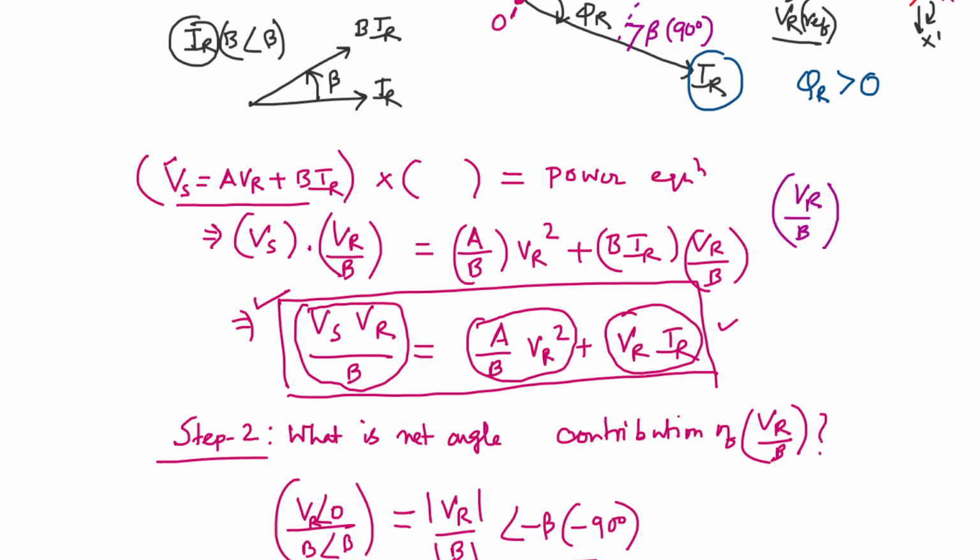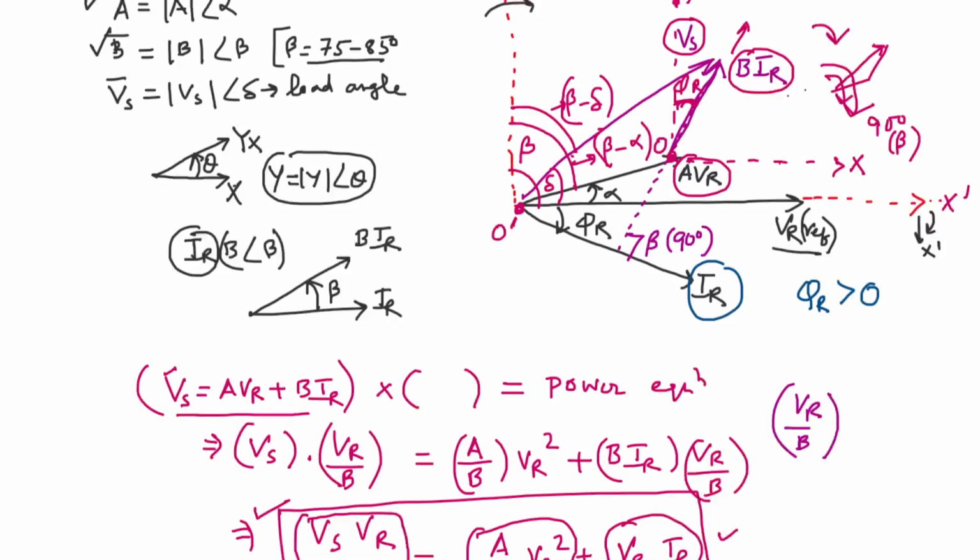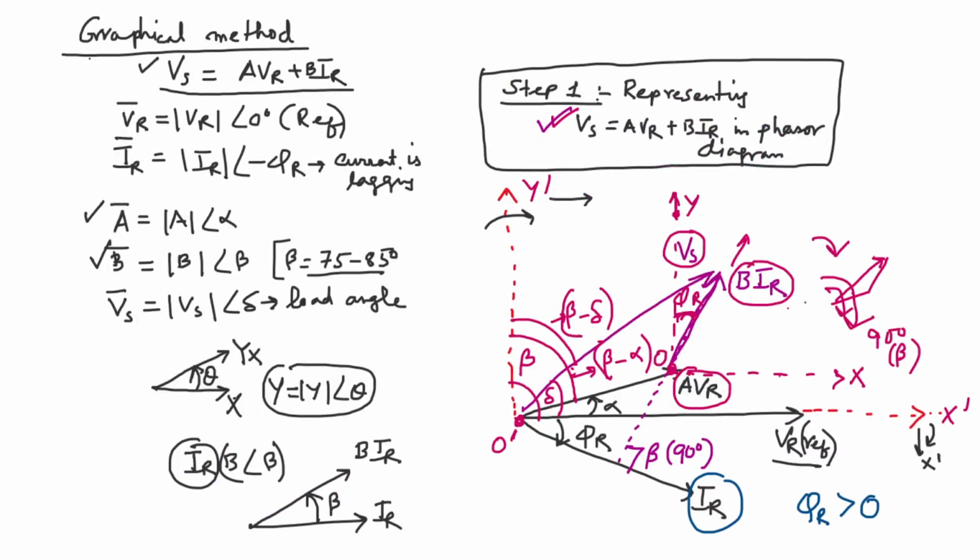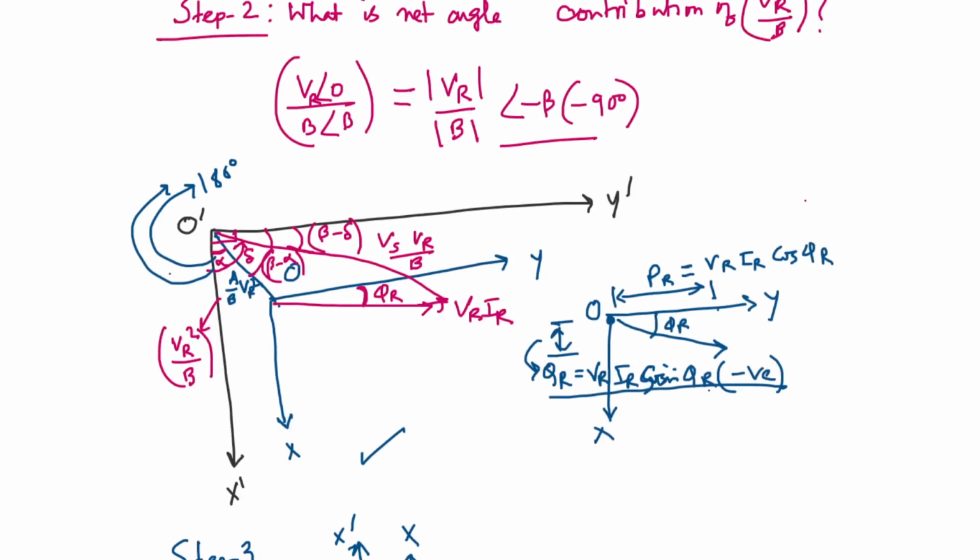In doing so, the entire diagram, as mentioned in step 1, is rotated by an angle of 90 degrees in clockwise direction, that means a negative rotation of 90 degrees.